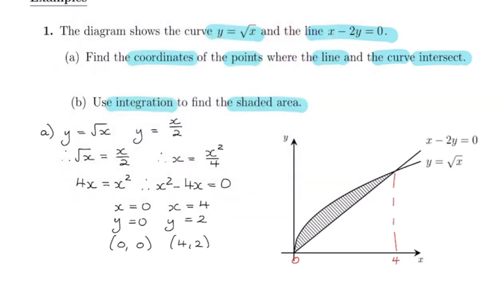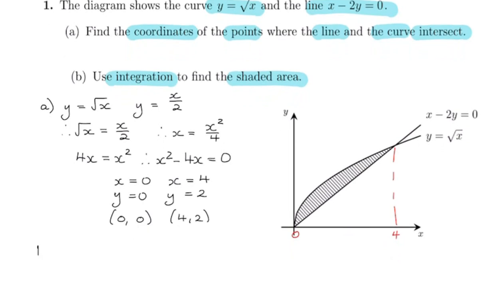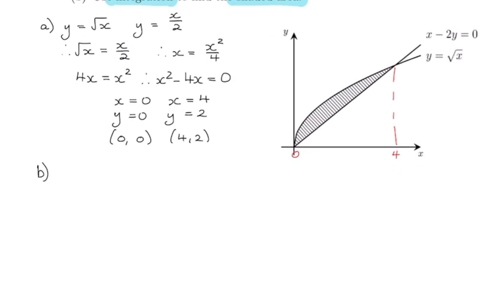Right, the next thing we're going to do is part B. Now, on part B, we're going to use quite a quick technique, but it does have an advantage, because if any of your area is below the x-axis, if you split it into bits, that can make the question longer. If you do it this way, you will get an answer straight away.